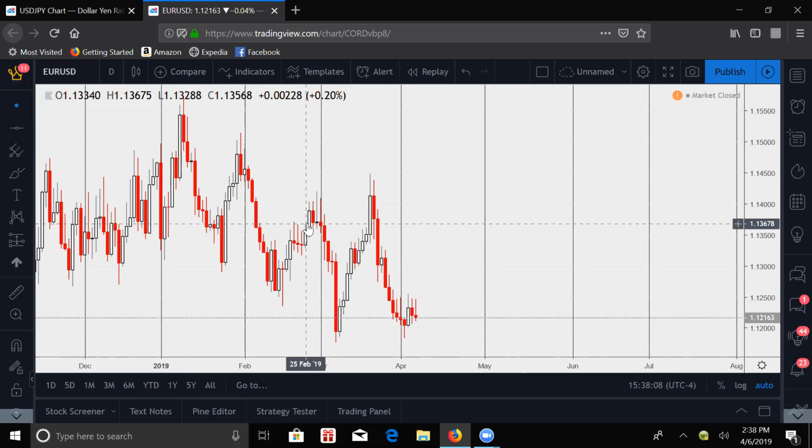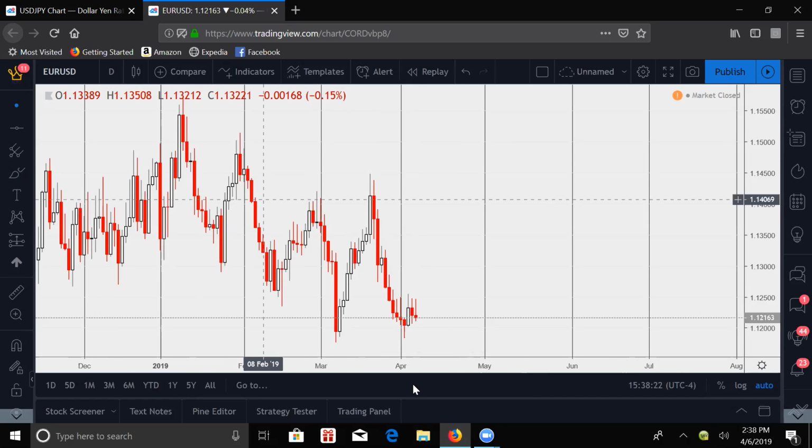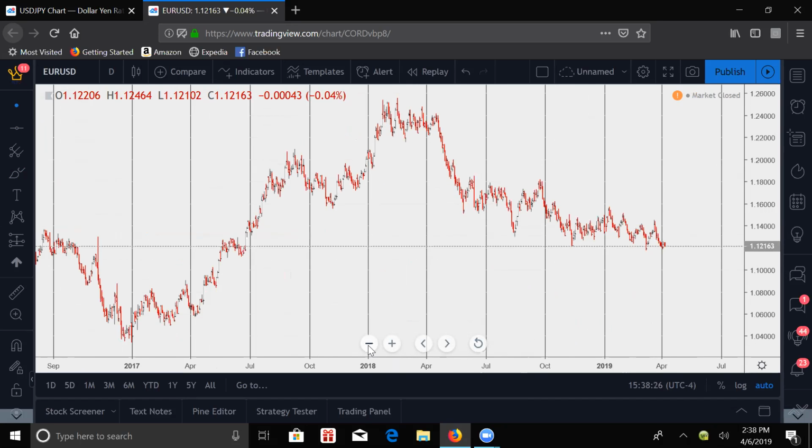Though this one is kind of a higher high compared to this one, and this is kind of a higher low in comparison to this area. But you can see price is at a very major level of possible support.